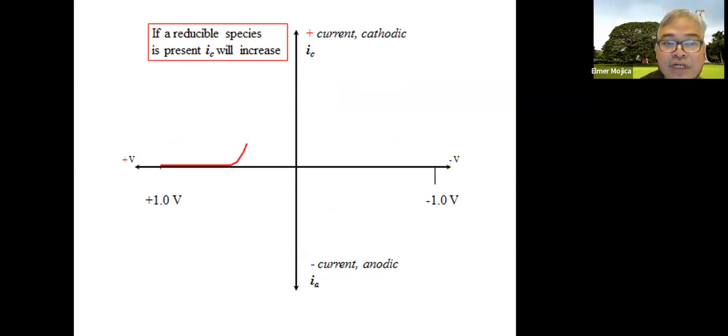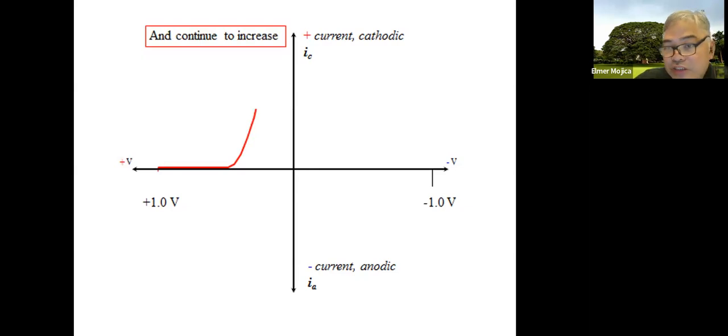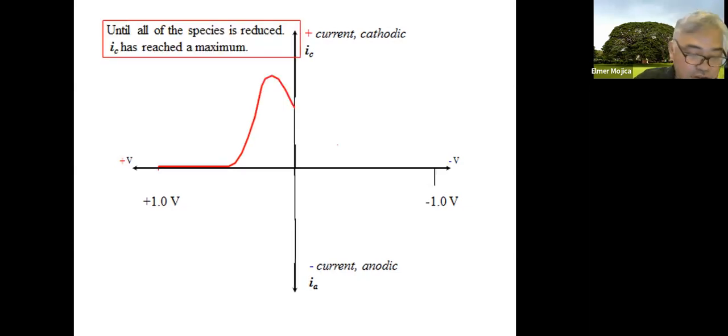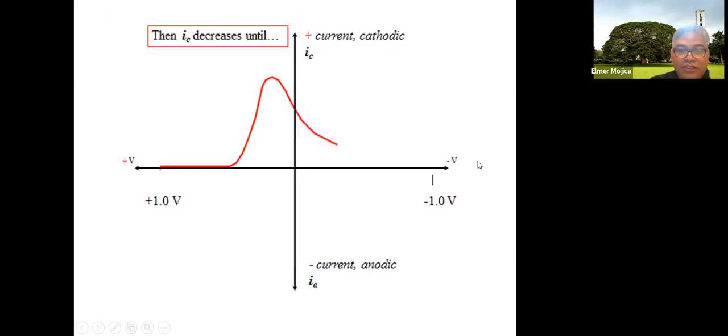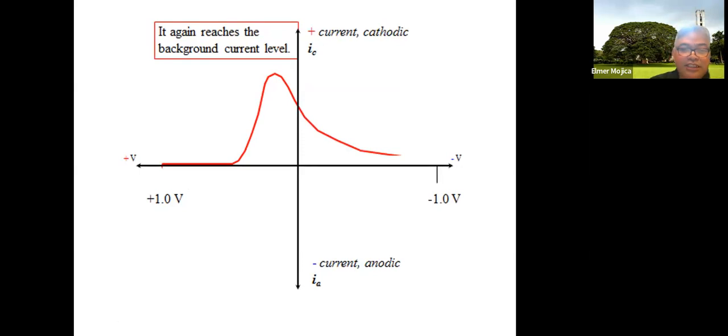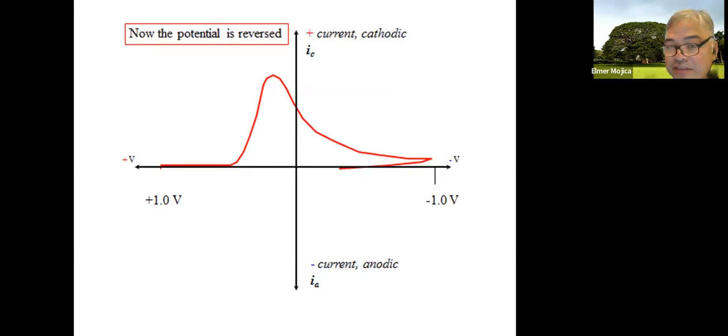And then if a reducible species is present, the current for the cathode will increase. And then you keep scanning to more negative, and it continues to increase the current until all the species is reduced. So the peak current in the cathodic direction has reached the minimum, and then it starts to decrease until it again reaches the background current level.